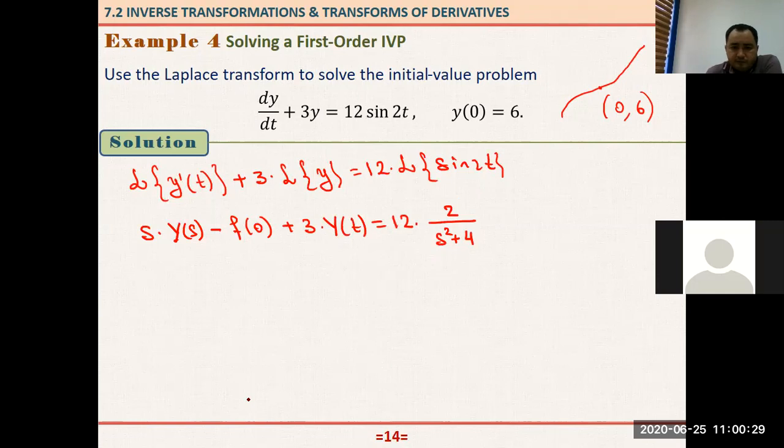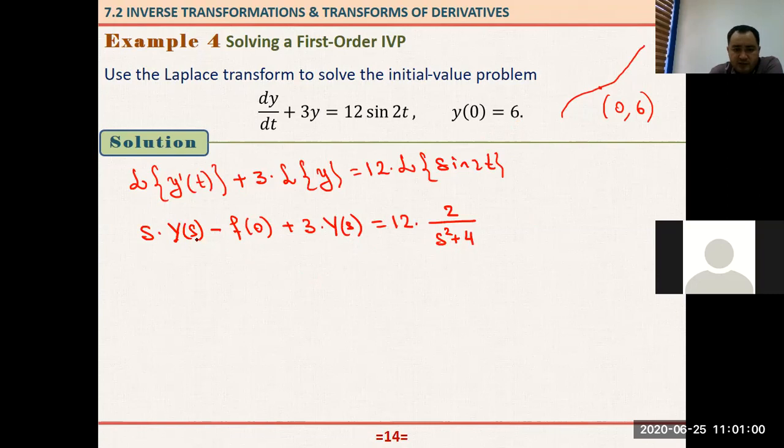As you see here, it has just become an algebraic equation in capital Y of s. Everything else we take to the right hand side, and now I can find capital Y in terms of s. And what is f of 0? f of 0 is equal to 6.